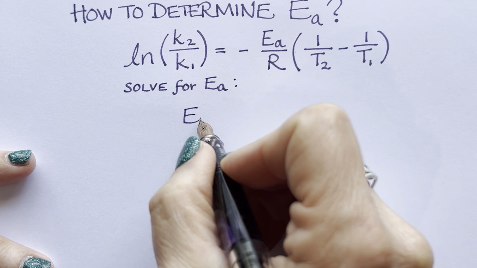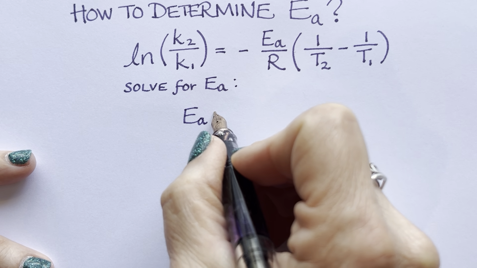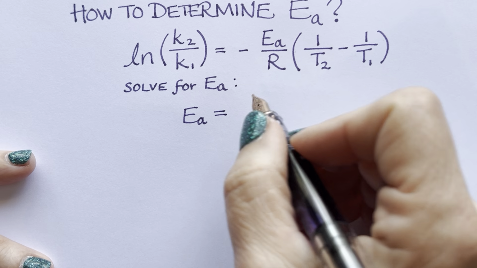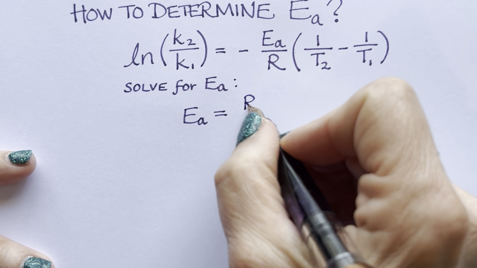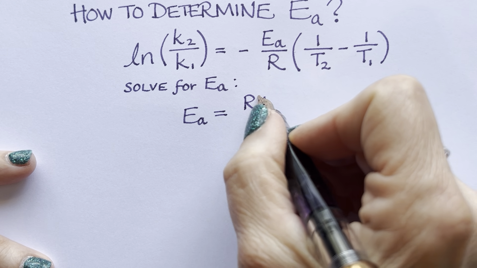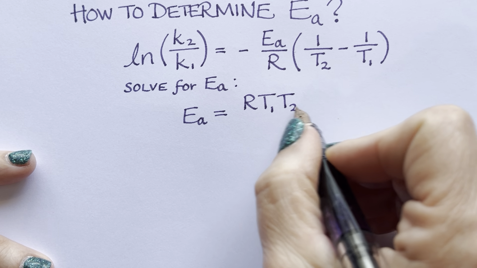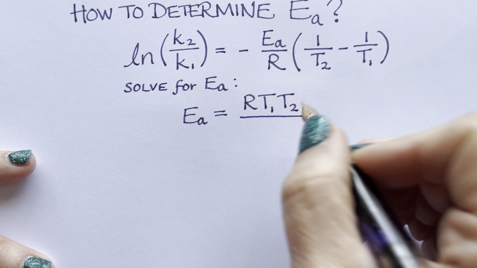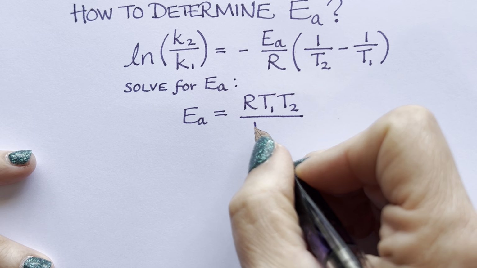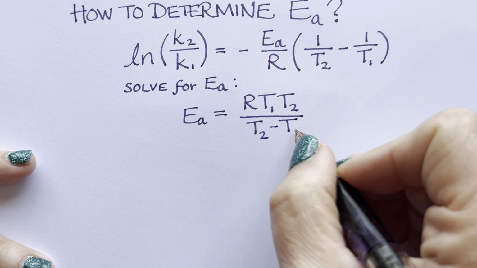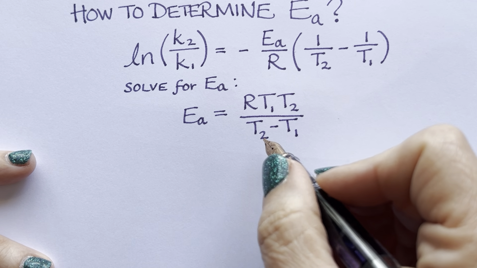When you rearrange this formula algebraically, you get that activation energy is gas constant times both temperatures multiplied together, divided by the difference between these two temperatures, times natural log K2 divided by K1.